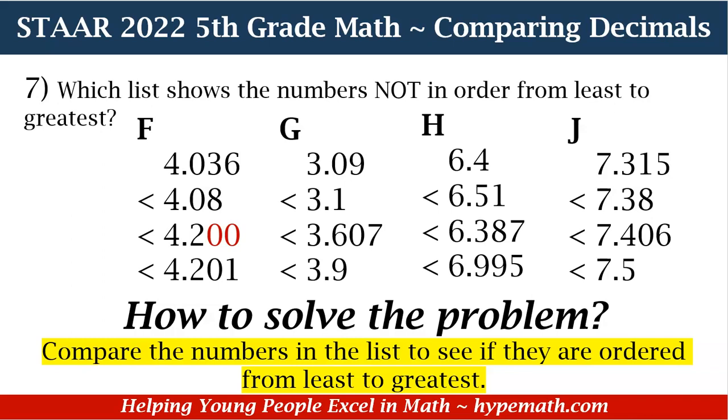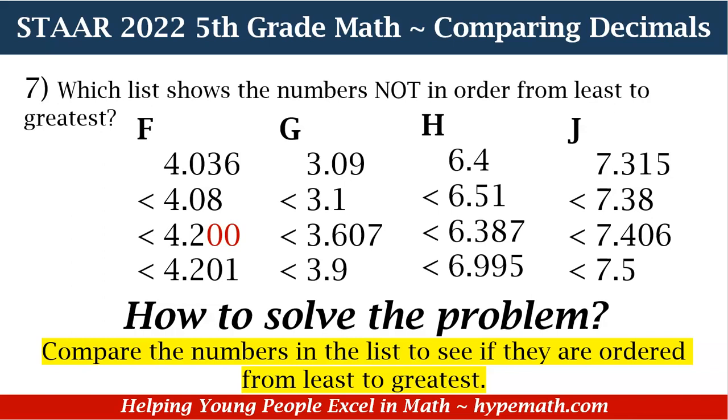Well, if we're ordering from least to greatest, 3 would actually go first, right? Because that's the smallest number in the tenths place. Then it would be 4, then 5, and then 9. So H potentially is the correct answer because it's ordered incorrectly, okay? But let's just look at J. We're hopeful, but let's just look at J just to make sure that that is correct.